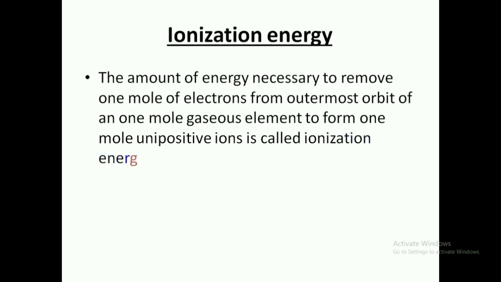If we represent this ionization energy in a chemical reaction, M is an atom which releases 1 mole of electrons and is converted into 1 mole of unipositive gaseous ion.